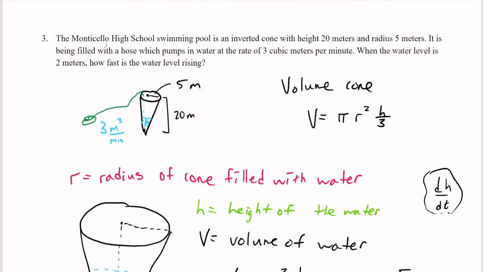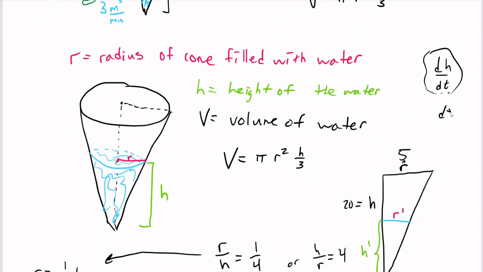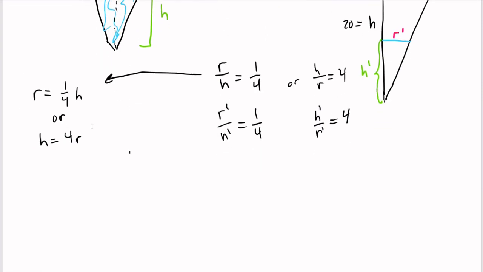Which change do we know? Oh, we're filling, so we know dV/dt. So we want this one, we know this one, which means there's no room for having r anymore, right? I don't know how the radius is changing, so that can't be in my formula when I take the derivative. So I'm going to have to use this one, substitute out the r.